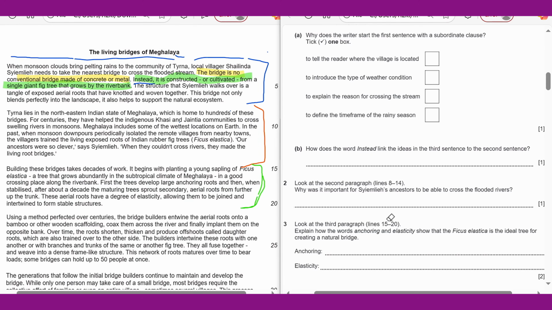Let's move on. Okay, number 3, look at the third paragraph, lines 15 till 20. Explain how the words anchoring and elasticity show that Ficus elastica is the ideal tree for creating a natural bridge. Anchoring, elasticity. Okay, 10 seconds for you.